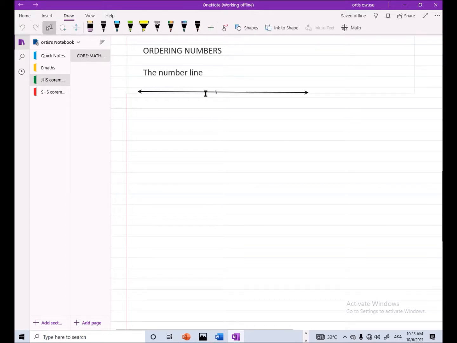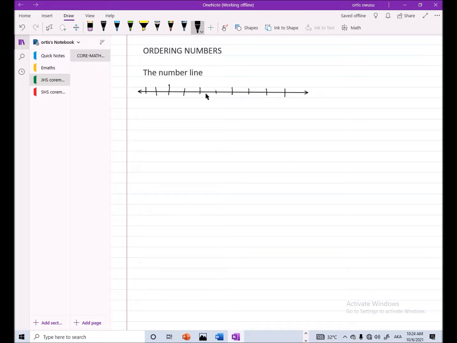So we have our number line, and we are on it. Let's look at the tricks. We can start our 0 from here and count to infinity.